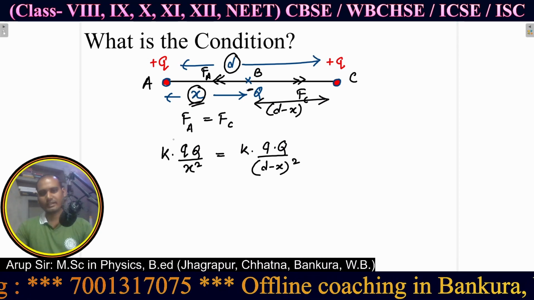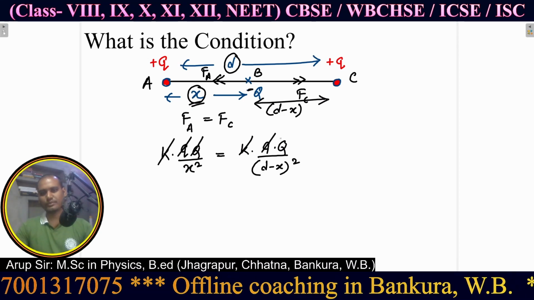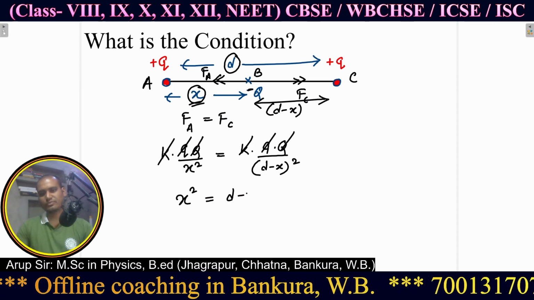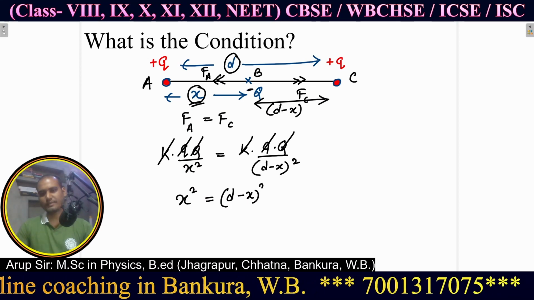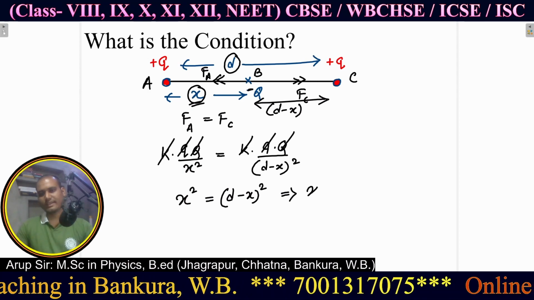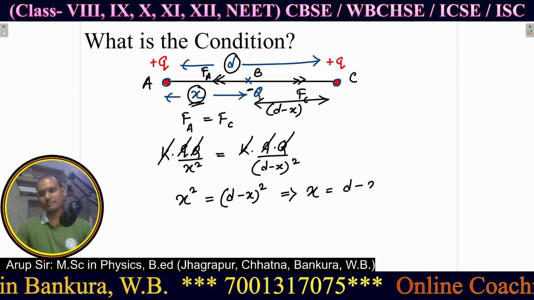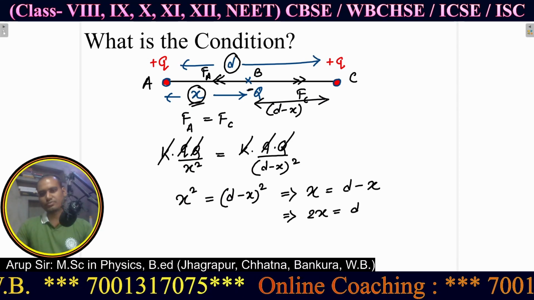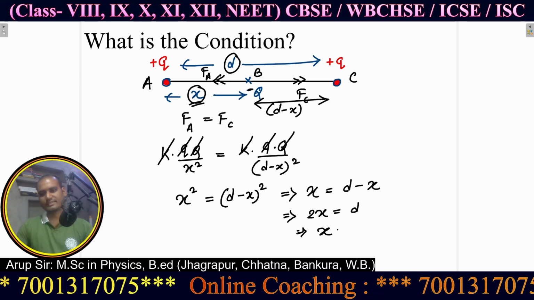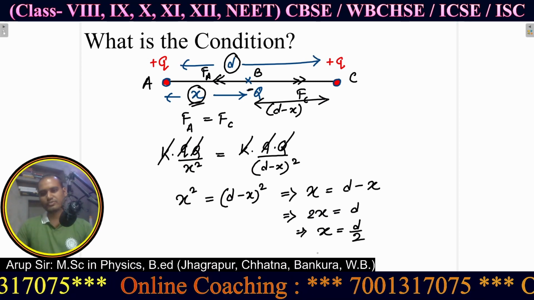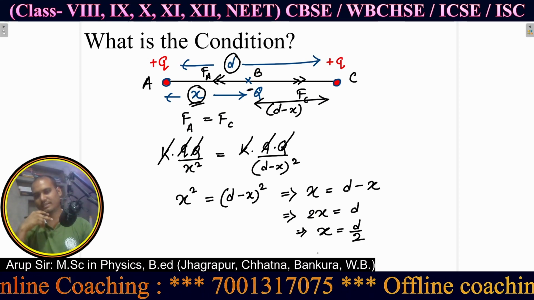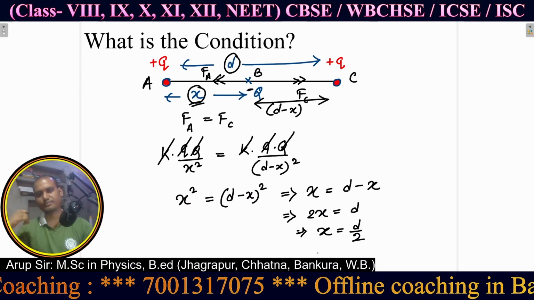Now we can cancel the numerator terms, and finally we get x square equals d minus x whole square, or x equals d minus x, or 2x equals d, or x equals d by 2. So the value of x which is coming is d by 2, right?